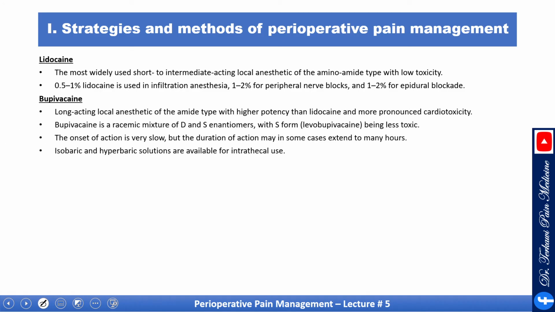Bupivacaine is a long-acting local anesthetic of amide type, with a higher potency than lidocaine and more pronounced cardiotoxicity. And the onset of action is very slow compared to lidocaine, but the duration of action is longer, for many hours. We'll see in the next slide.